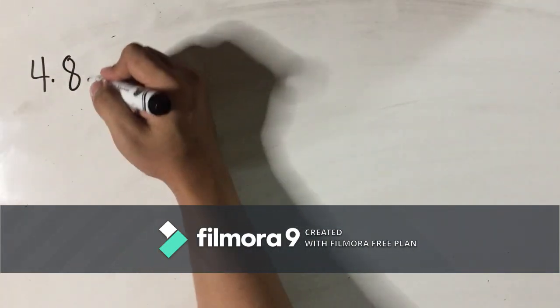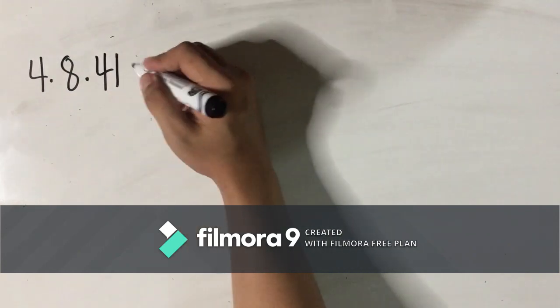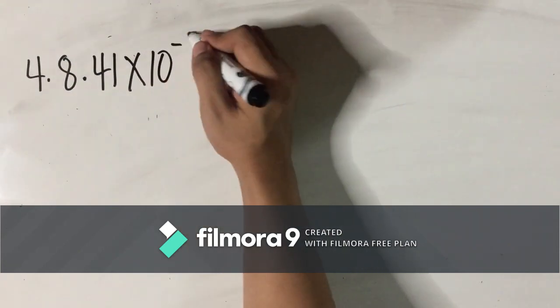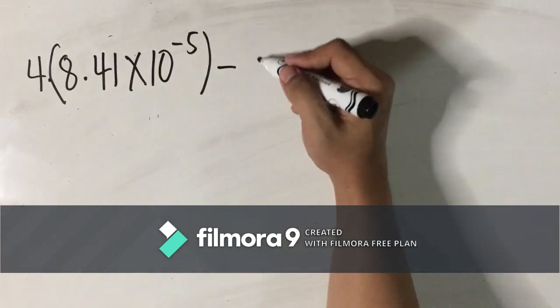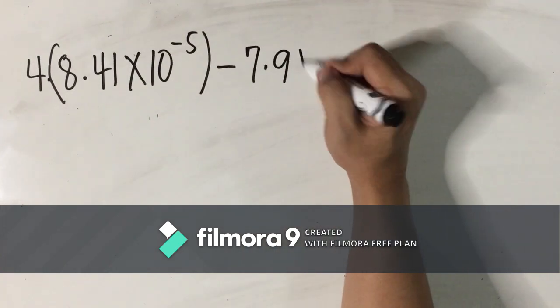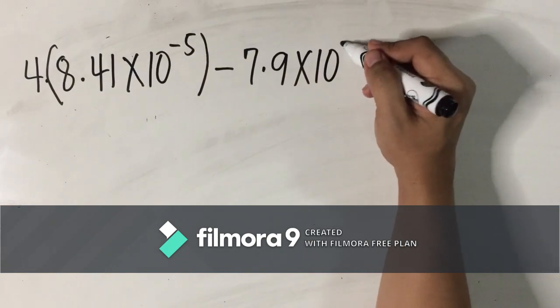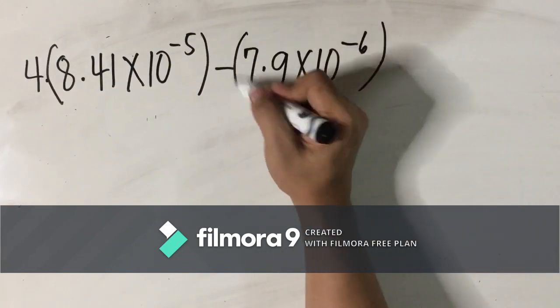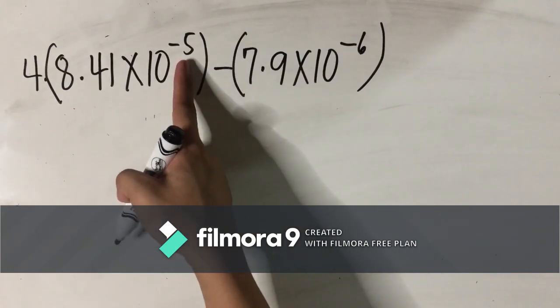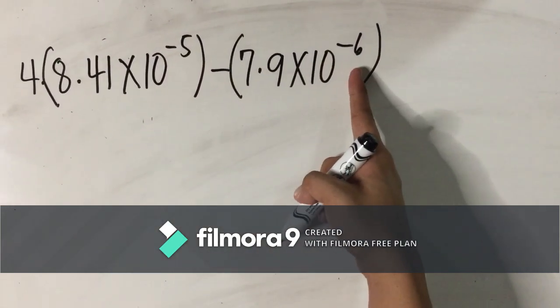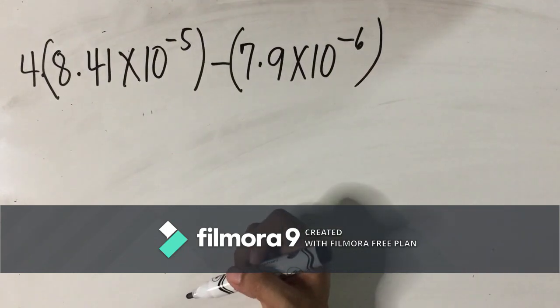Now for number 5, we have this given 8.41 times 10 raised to negative 5. So same operation. Subtract to 7.9 times 10 raised to negative 6. So we have to analyze which among the two must be altered in terms of its exponent so that they can have the same exponent.